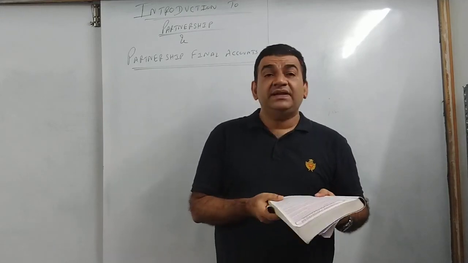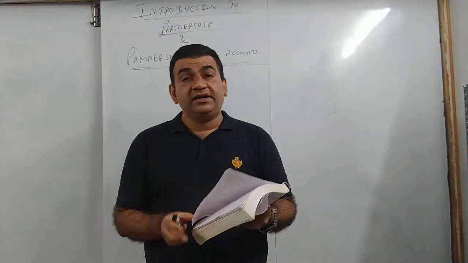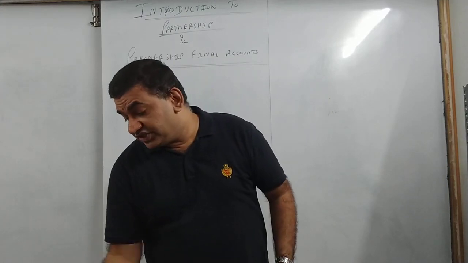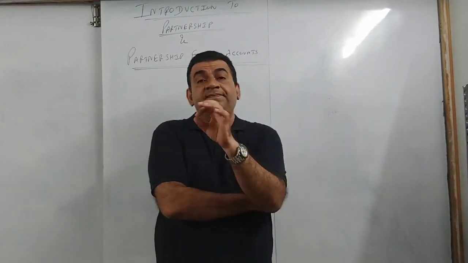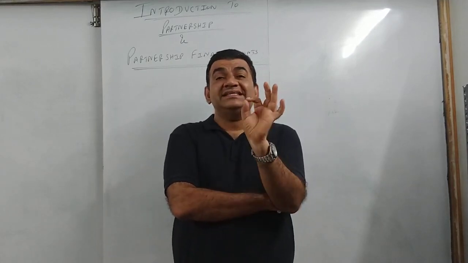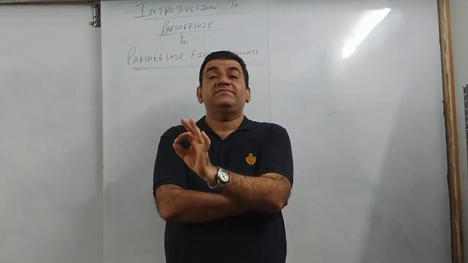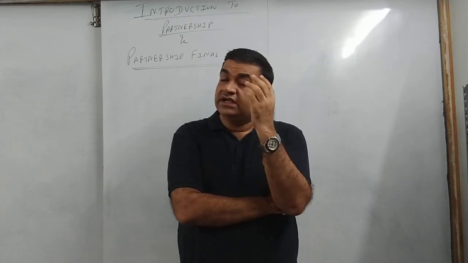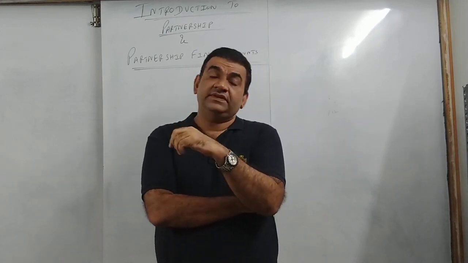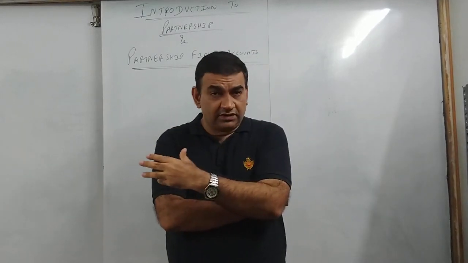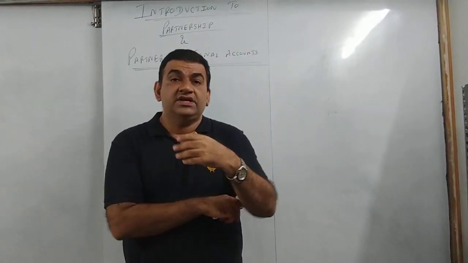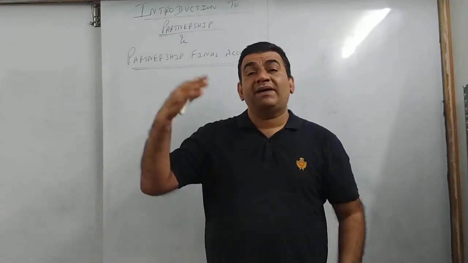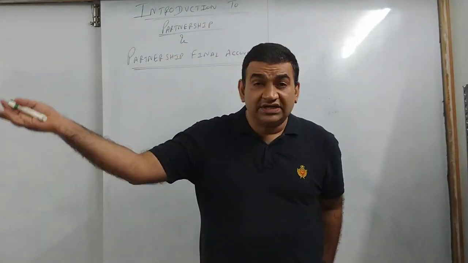Next, principal and agent. When it comes to a partnership firm, there is a relationship of principal and agent. Now see here, a partner plays a role of principal as well as agent. When you're doing business, you deal with your own owners, that is partners, as well as outsiders, because when you do business, you have to buy goods from outside and sell goods to customers.